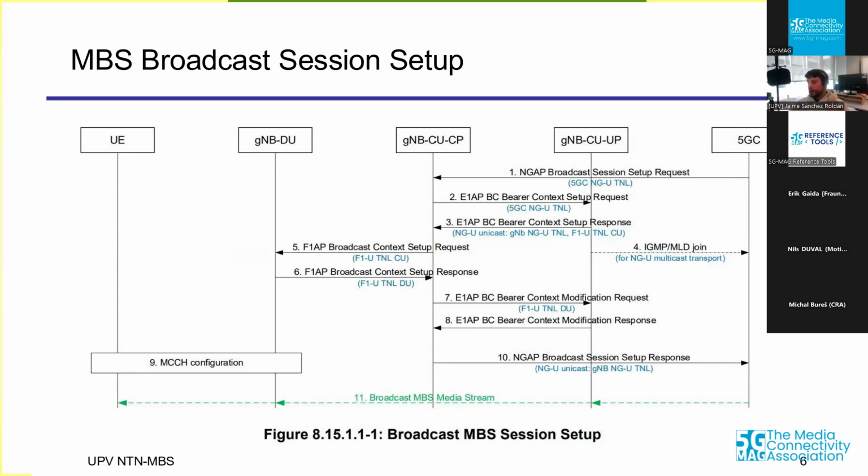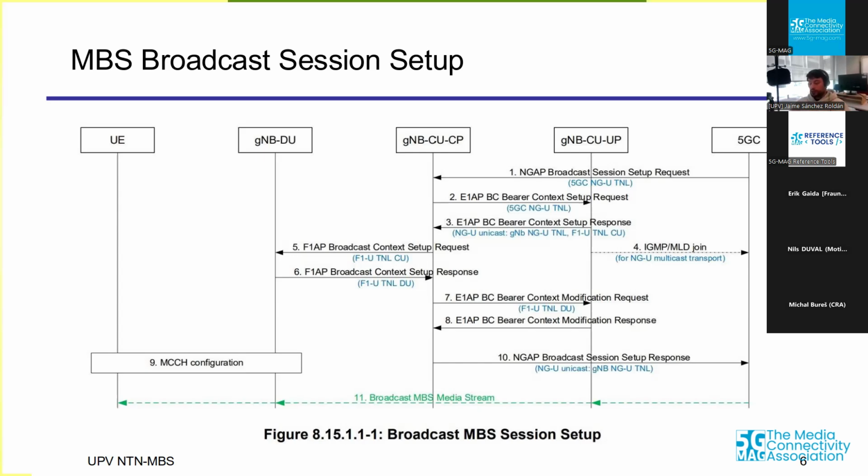So here are the messages that are exchanged between the different entities within the network just to establish the broadcast session. These messages and this exchange are what we implemented in the 5G core and the gNB.